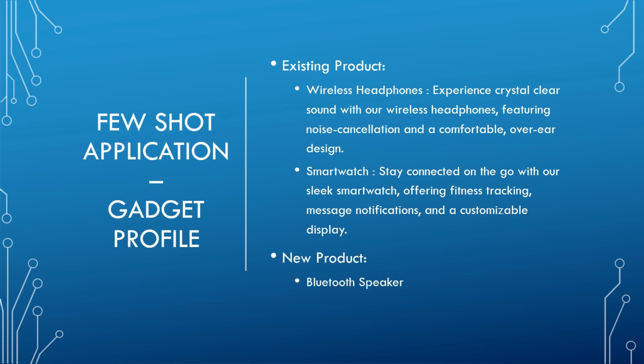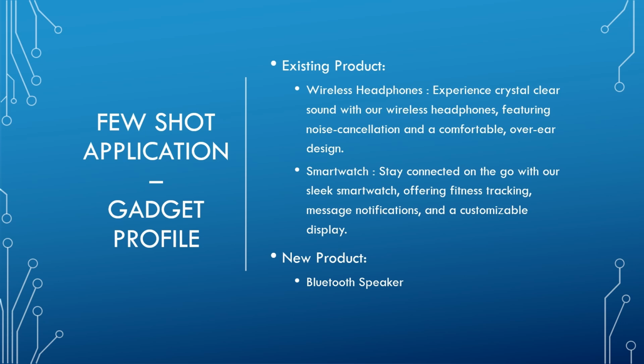Using these examples or trained data, the model learns how to craft effective product descriptions. Now, let's see how it generates a description for our new product or test data, the Bluetooth speaker. Now, let's move to the code and see how the model performs this task.